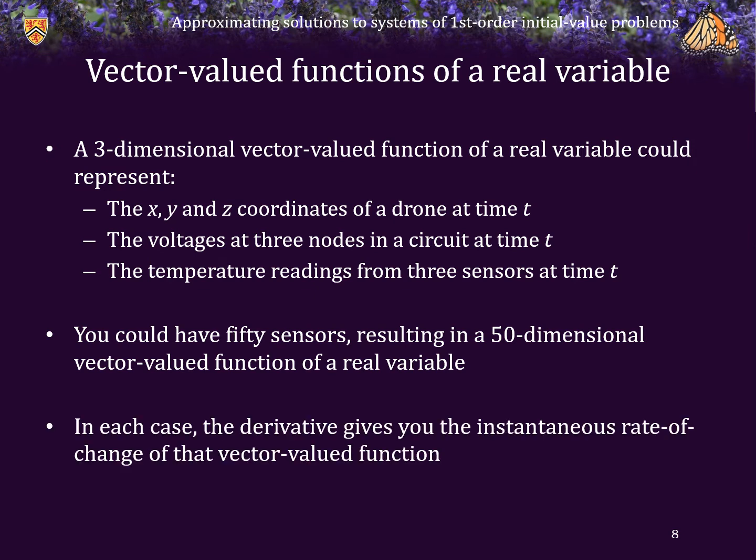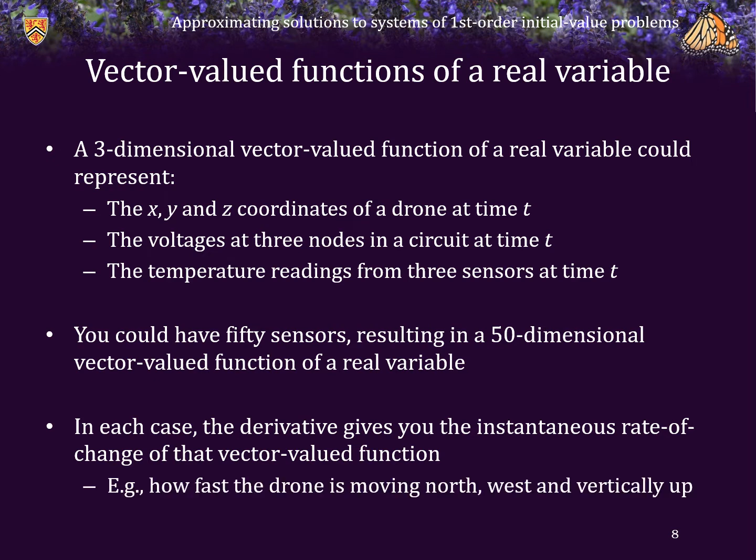Now, in each of these cases, the derivative of that vector-valued function gives you an instantaneous rate of change of whatever is being measured, be it a position, be it the rate of change of voltage at the 3 nodes, or be it the rate of change of the temperatures at each of the 3 sensors.